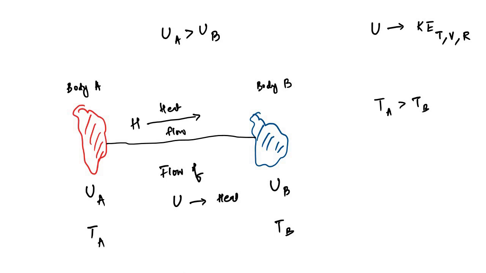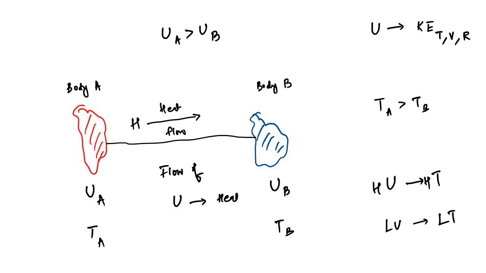Only when internal energy flows, there is a transfer of internal energy from one body to another because of temperature difference. Why does temperature difference happen? High internal energy contributes to high temperature. Low internal energy contributes to low temperature.